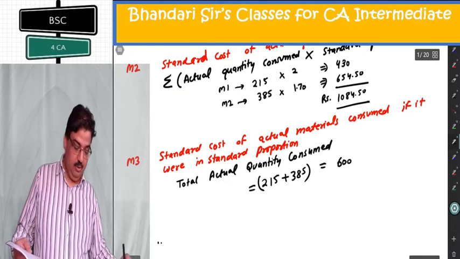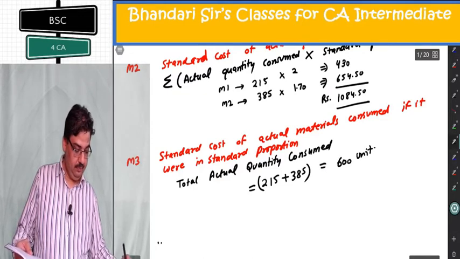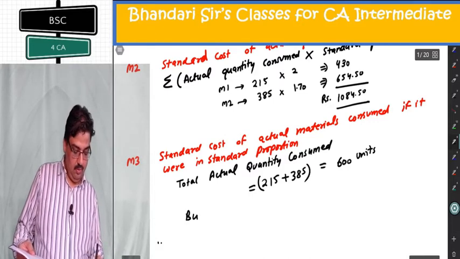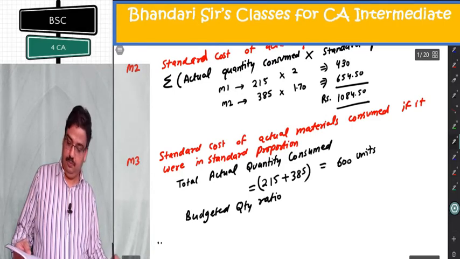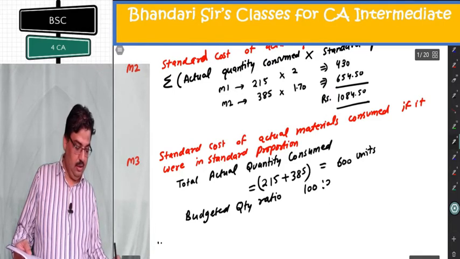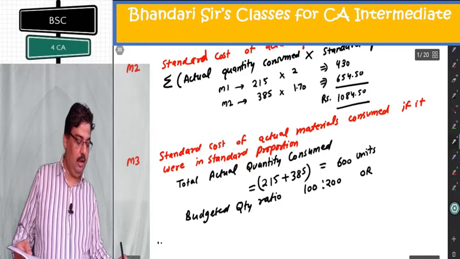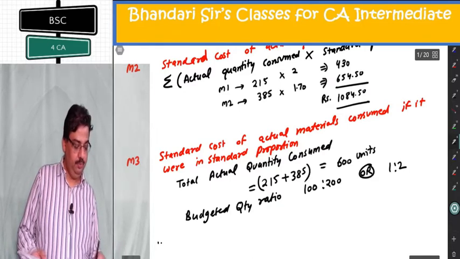This is 600 units. Budgeted quantity ratio 100:200, or I can call it 1:2.